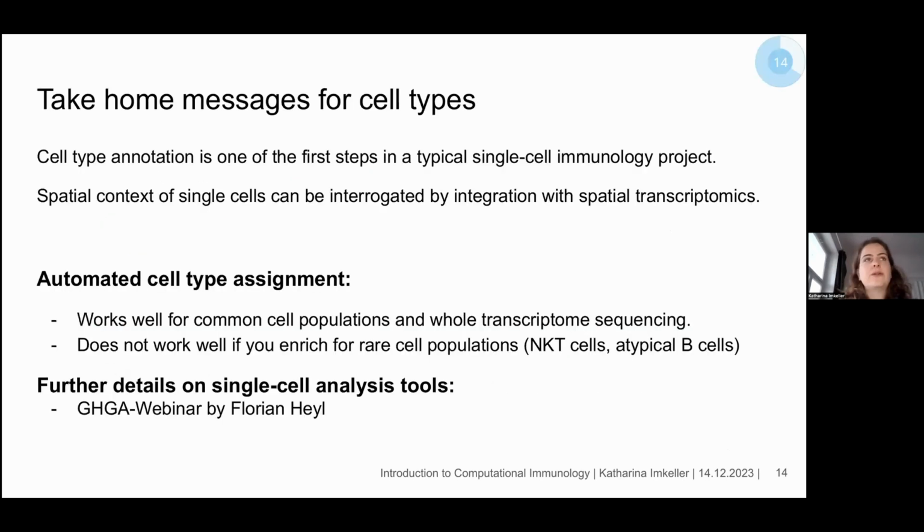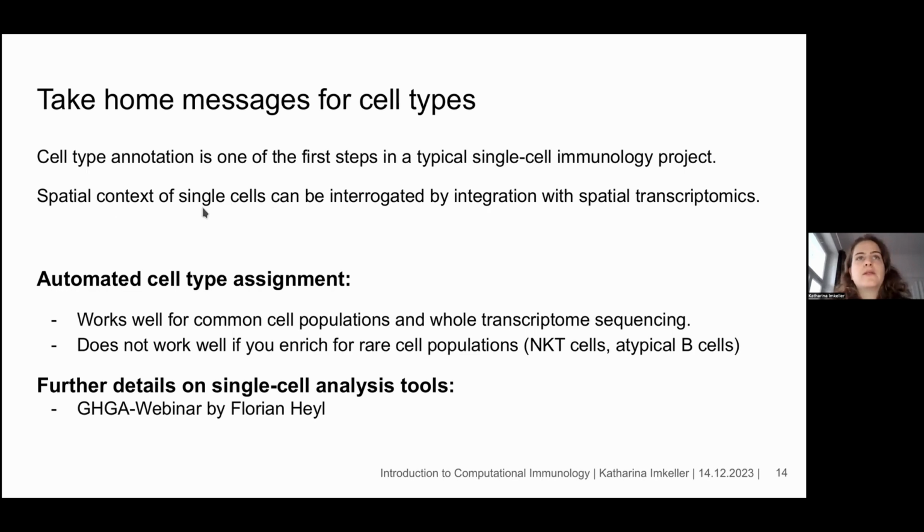With this, I would like to formulate the take-home message for this part of the talk, which is that cell type annotation is one of the first steps and also one of the most important steps in a typical single-cell immunology project. And it is also typically a prerequisite if you want to perform downstream analysis.